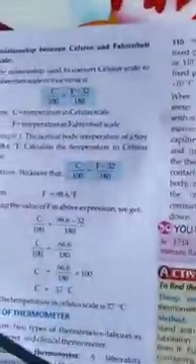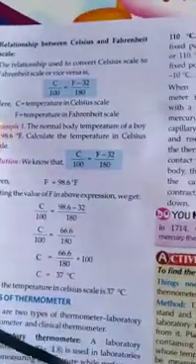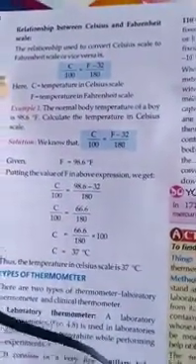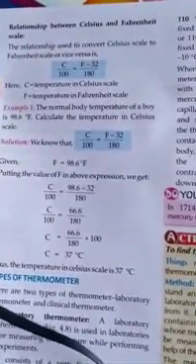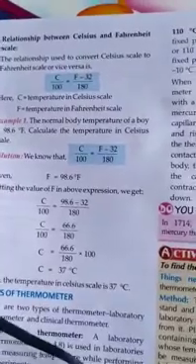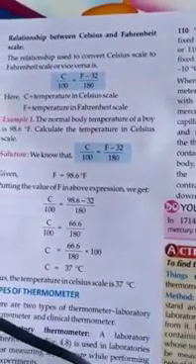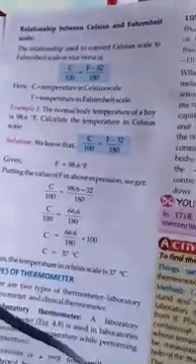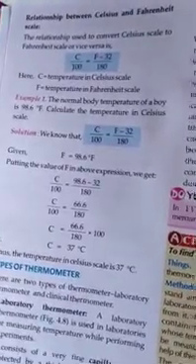Now I'll explain what the relationship is between the Celsius and the Fahrenheit scale. I'll also send you a note on how Celsius can be converted into Fahrenheit and Fahrenheit into Celsius.